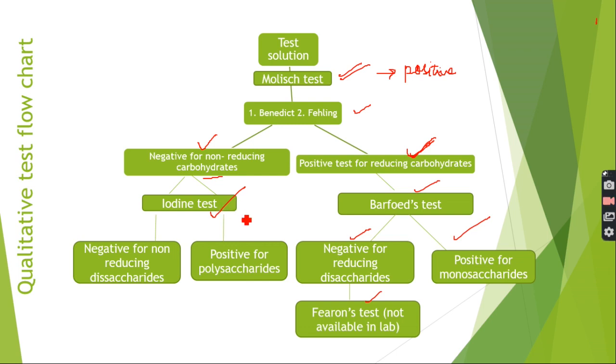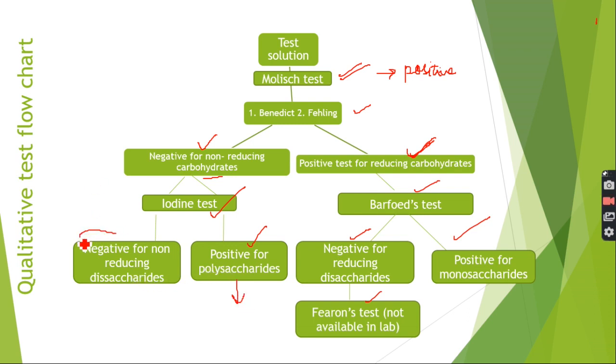Iodine test, what is observed? If you get a positive iodine test, that means it is polysaccharide. A positive iodine test, that means appearance of blue color. Okay, with starch for that matter, that means it is a positive test for the polysaccharide.